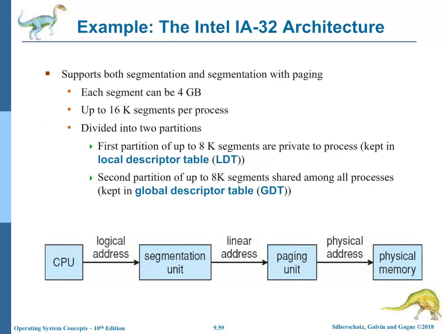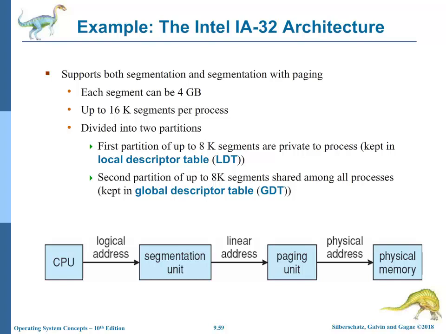The Pentium CPU provides both pure segmentation and segmentation with paging. In the latter case, the CPU generates a logical address, a segment-offset pair, which the segmentation unit converts into a logical linear address, which in turn is mapped to a physical frame by the paging unit, as shown in this figure.